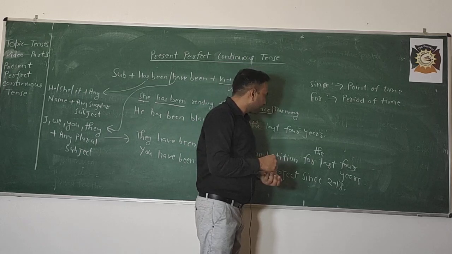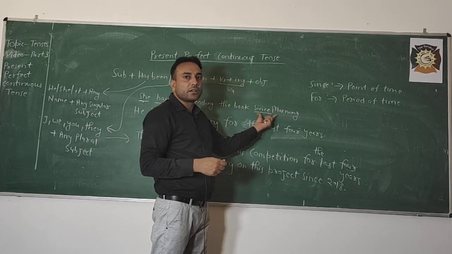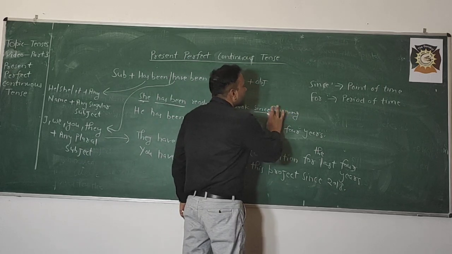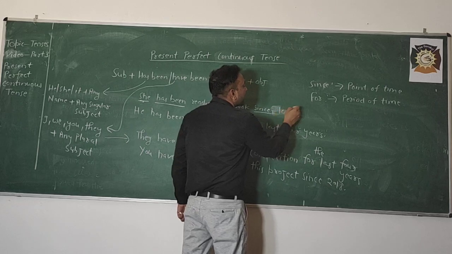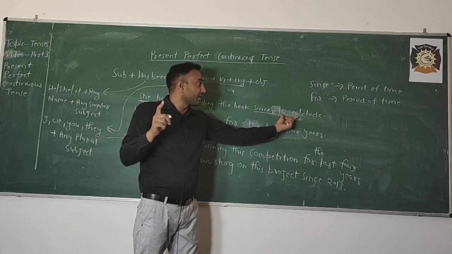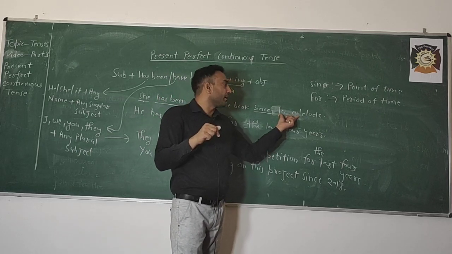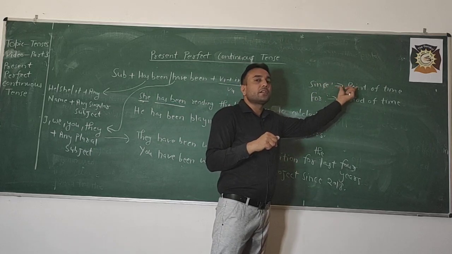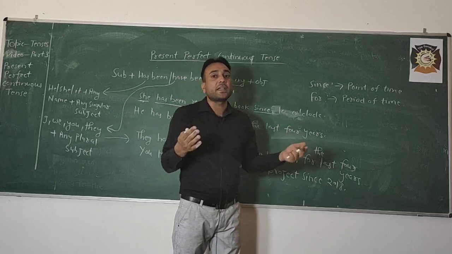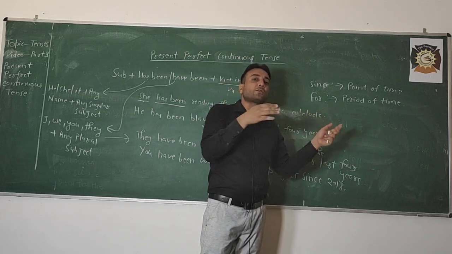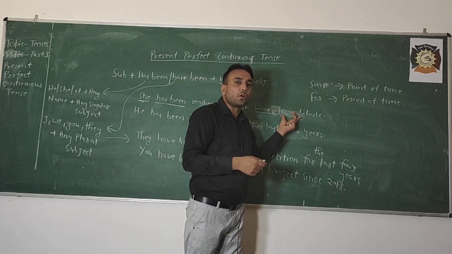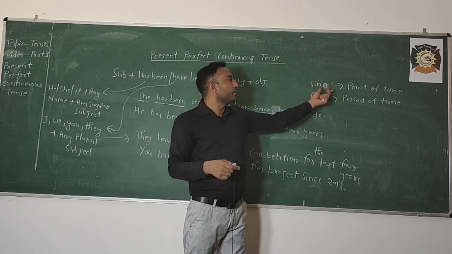If I have written since morning, or if instead I write since 10 o'clock, exact time is given, means fixed time is given. So that's why this is a point of time. When exact timing is given, when the action starts, means वो सुबह से ये काम कर रहा है, means since morning, वो 10 बजे से ये काम कर रहा है, means since 10 o'clock. So exact time is given, that's why we will use since.